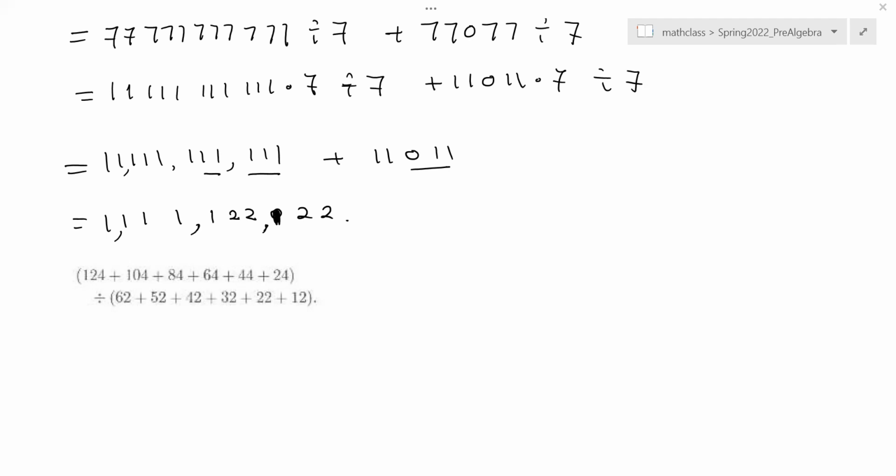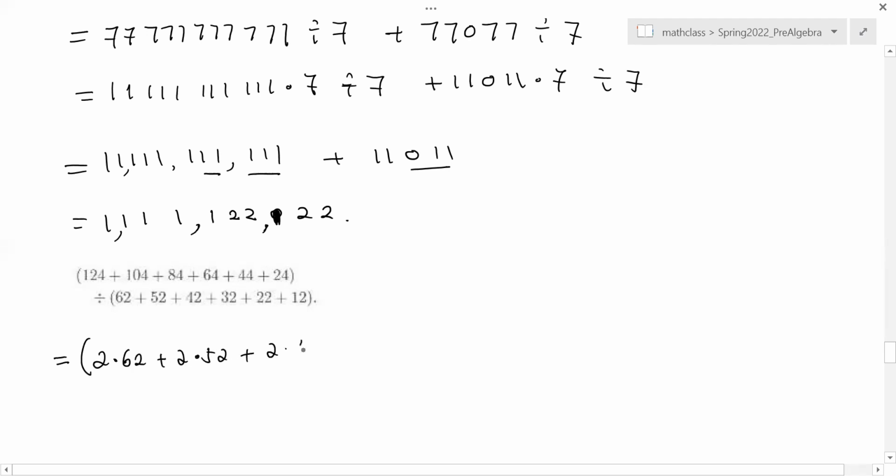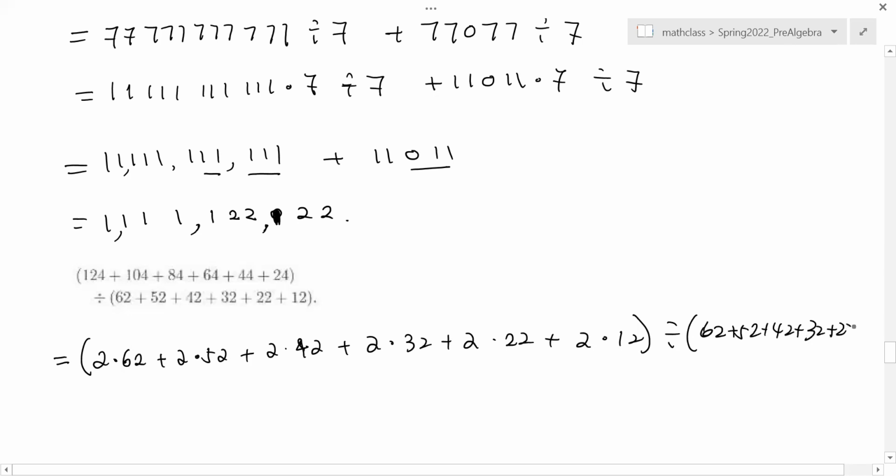As you can see, each of them is going to be 2 times 6^2, 2 times 5^2, 2 times 4^2, 2 times 3^2, 2 times 2^2, 2 times 1^2, divided by 6^2, 5^2, 4^2, 3^2, 2^2 plus 1^2.